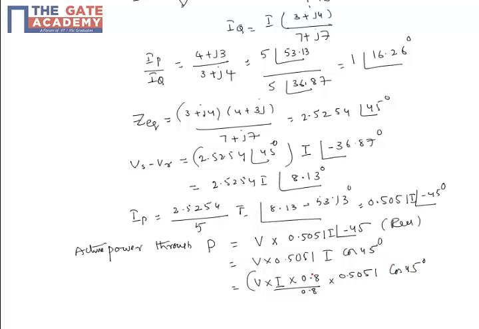So this VI into 0.8 is nothing but the load, that is 10 megawatt. So this is equal to 10 by 0.8 into 0.5051 into 1 by root 2. If you simplify this, you will get 4.465 megawatt.